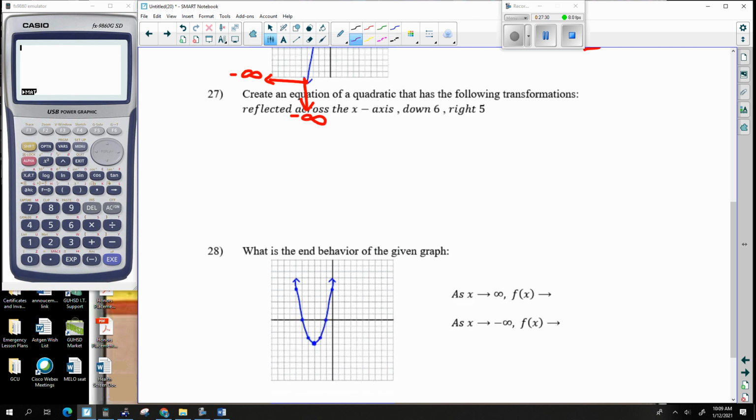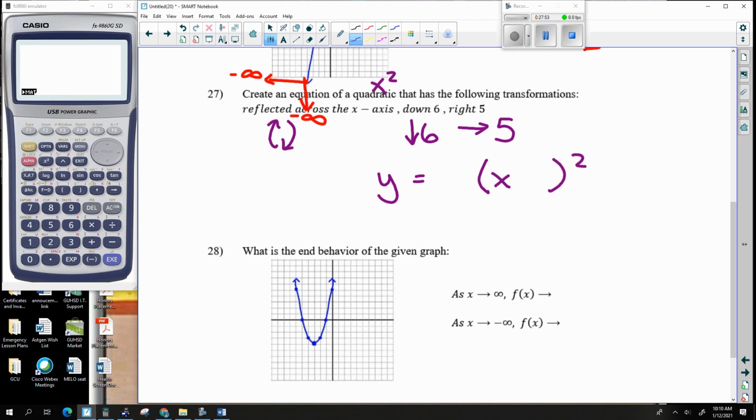Okay, so we need a quadratic, so that's an x squared that is reflected, down 6, right 5. Okay, so there's our quadratic.